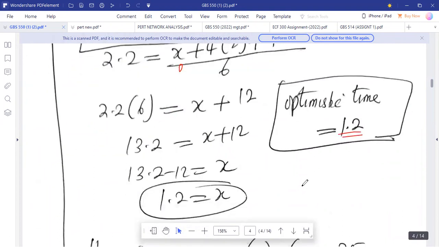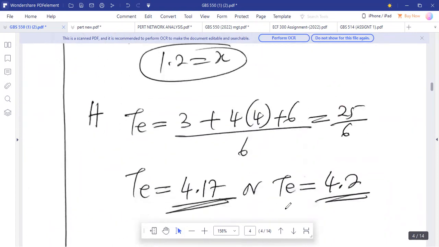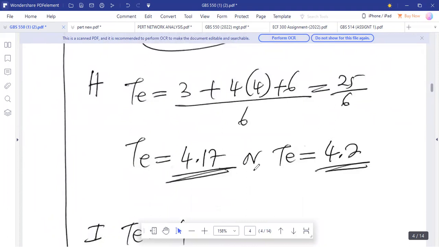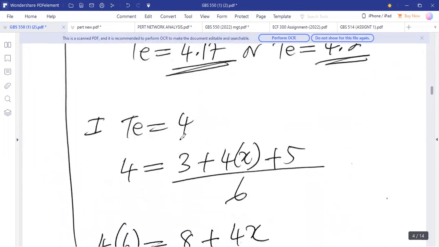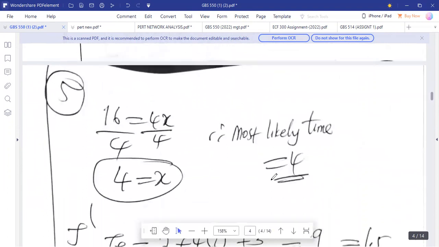And getting down to the other one, which is the time expected for H, we found 4.17, or time expected was 4.2, rounding off to 2 decimal places. And for I, the time expected was given. They needed the most likely. So we can solve for most likely here. So we got 4.